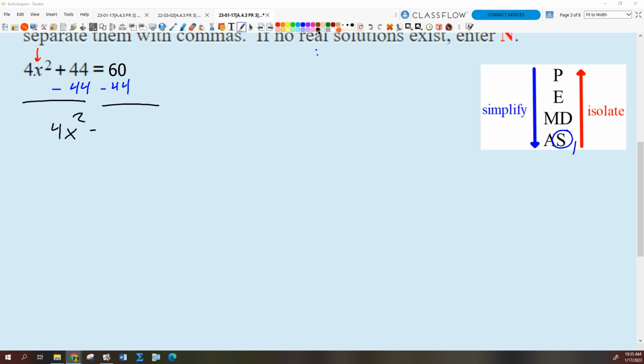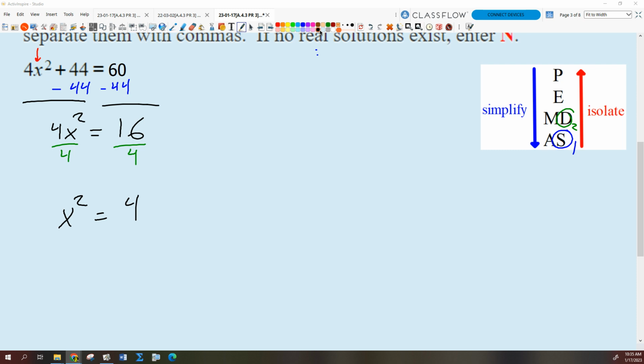So then I've got 4x squared equals 16. Now what? Yeah, so I work my way up. Next would be multiply or divide. Yeah, divide by 4. So there's step 2. That leaves me with x squared equals 4.